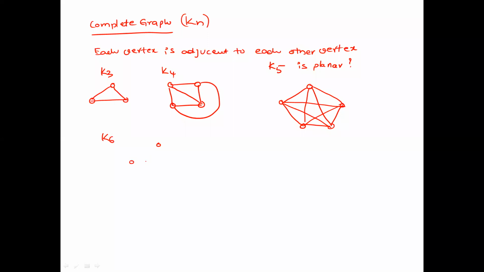There are 6 vertices where each vertex is adjacent to each other vertex. Now tell me, out of this, anyhow this is planar, this is planar. Tell me whether K5 is planar or not.